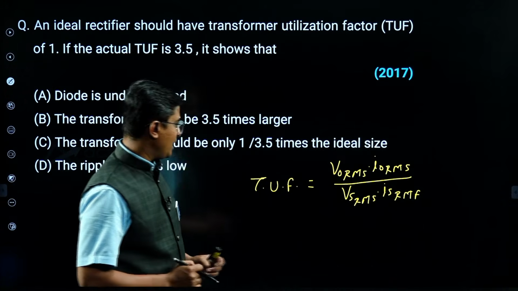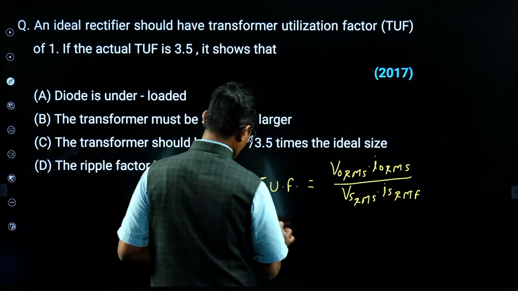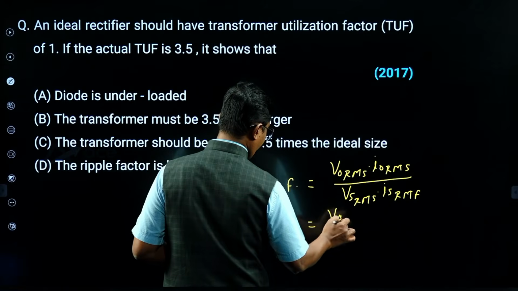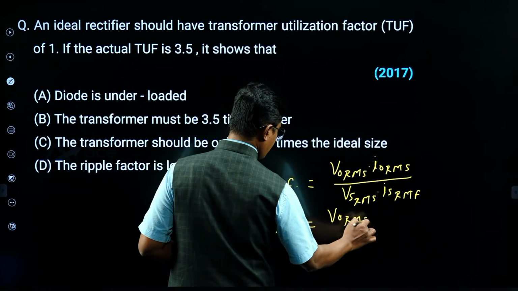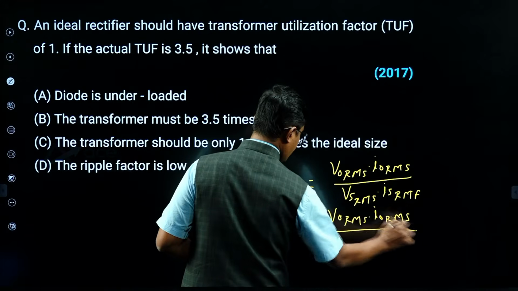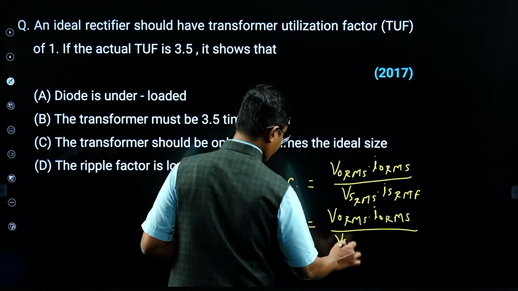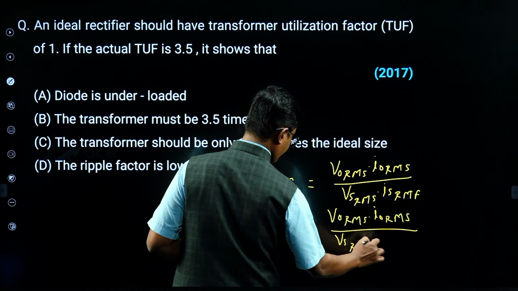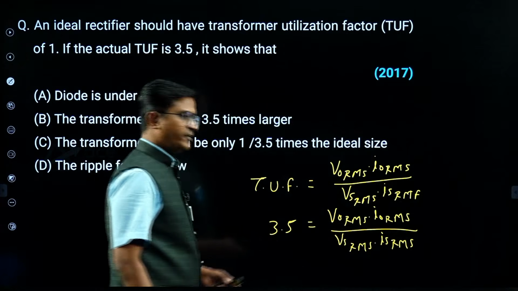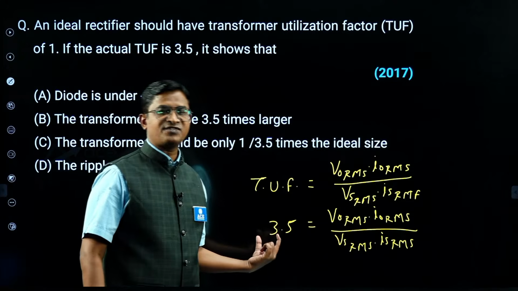All right, now tell me, if transformer utilization factor is 3.5, means V0 RMS into I0 RMS upon Vs RMS into Is RMS is 3.5, means load power is 3.5 times my transformer rating.